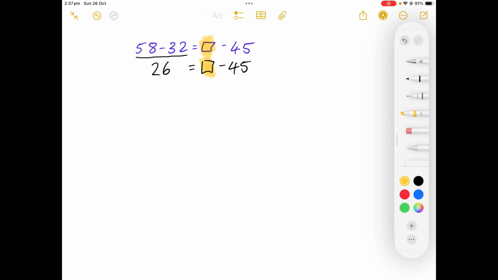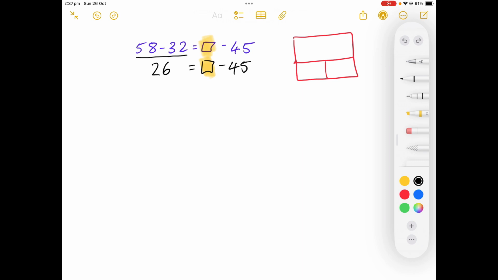Now at this point, if we have a look at what we remember about part whole, we can rewrite this equation in a way so that the unknown is on its own, and hopefully not get into any mix-ups.